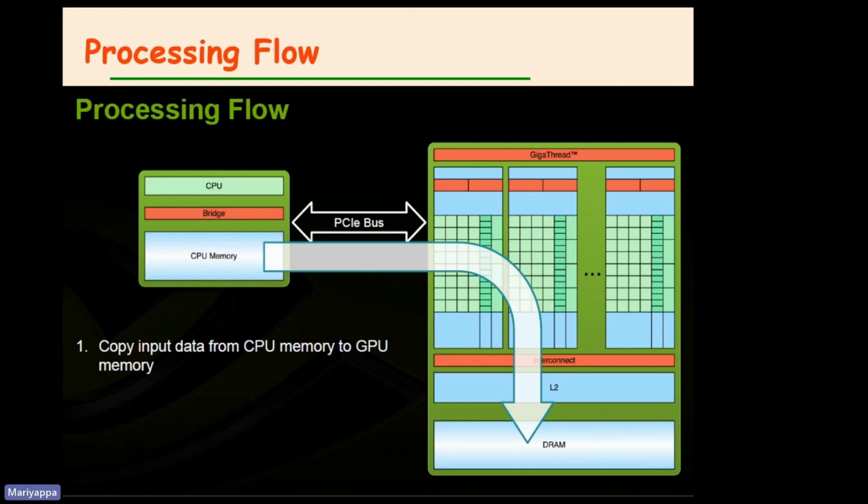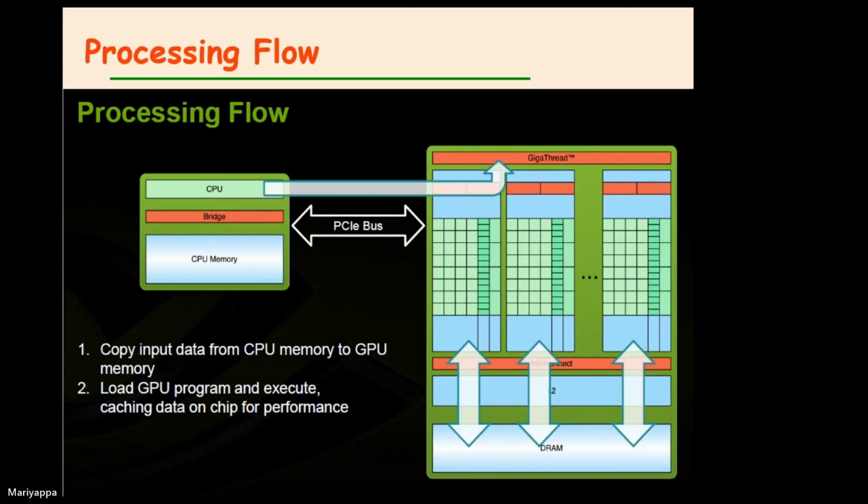So before you execute a kernel on the GPU, you first need to make sure that the data available in the CPU memory is transferred to the GPU. Then you launch the kernel on the GPU, and in terms of thread blocks it gets scheduled on multiple streaming multiprocessors and executed on the GPU.